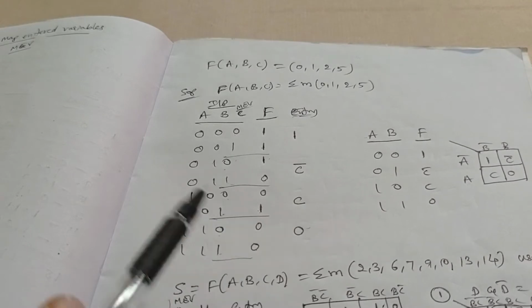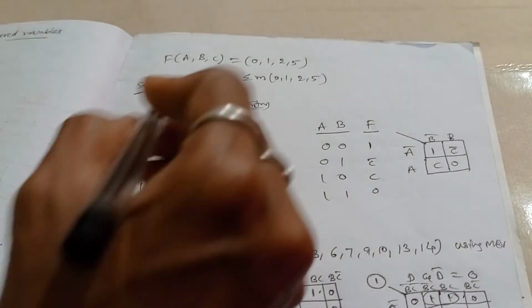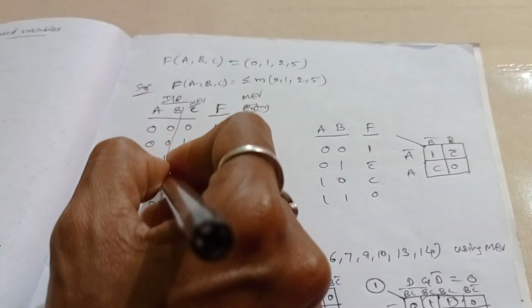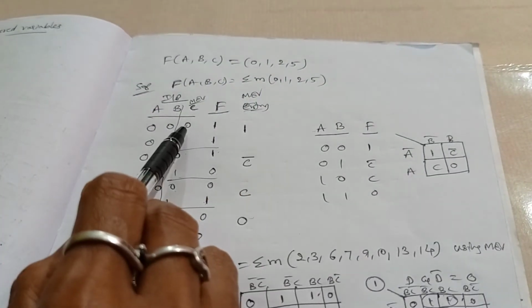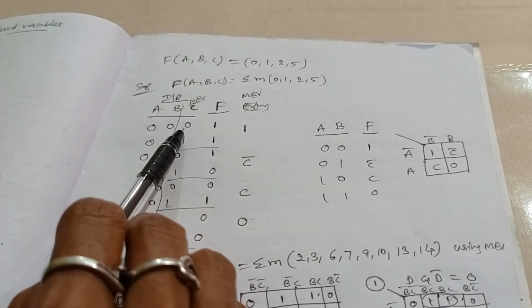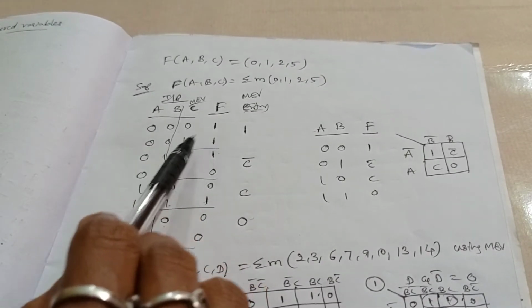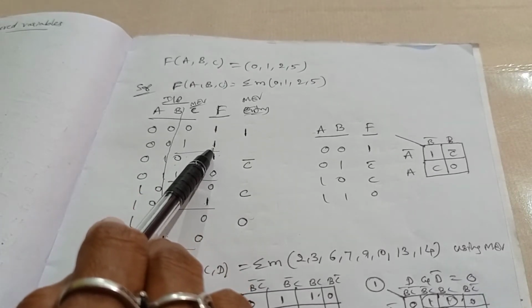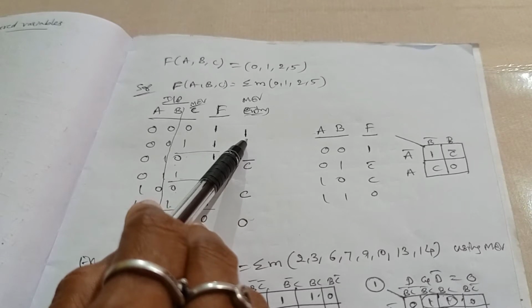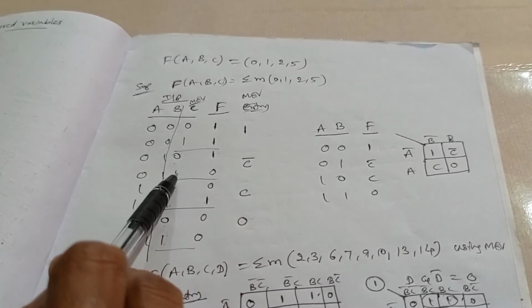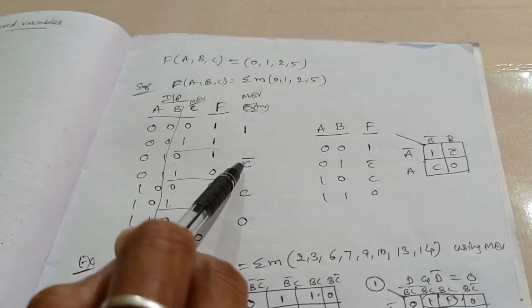Now we'll take this and enter the MEV variable, considering the input C as well as the output. Check the combinations: 0, 1 and 1, 1. Both outputs are 1, so enter 1. Then 0, 1 and 1, 0: input and output are inverted, so MEV bar.